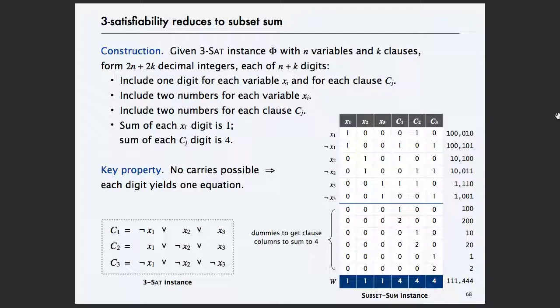This should be 4s. The sum of each Cj digit is 4. Wait.